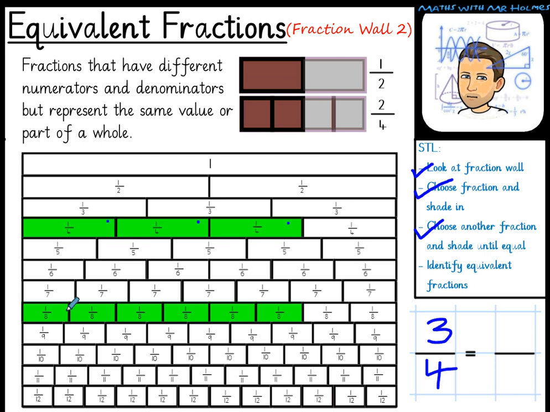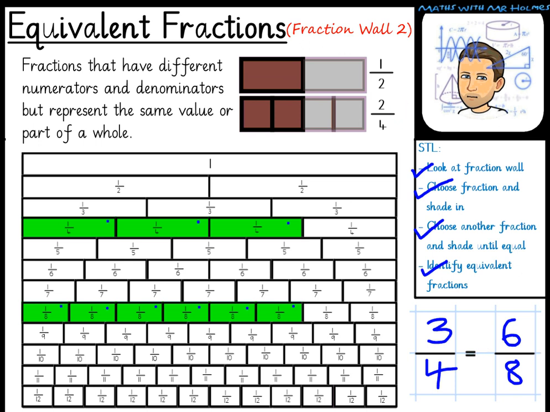Our second fraction we looked at was 8ths, and we have 1, 2, 3, 4, 5, 6 of those 8ths, or 6/8. 6 out of 8 equal pieces. Our final step then, we've identified the equivalent fractions. 3/4 is the same as 6/8.